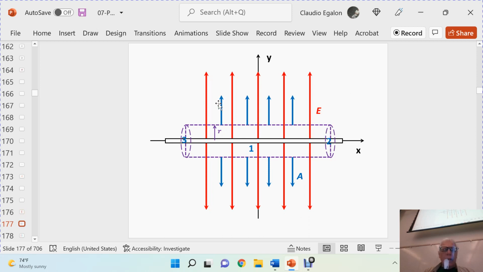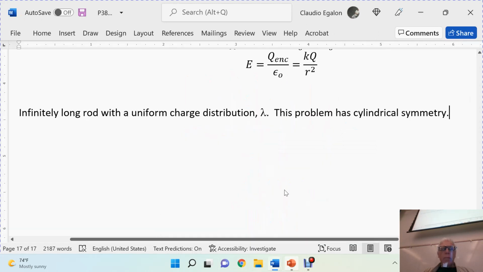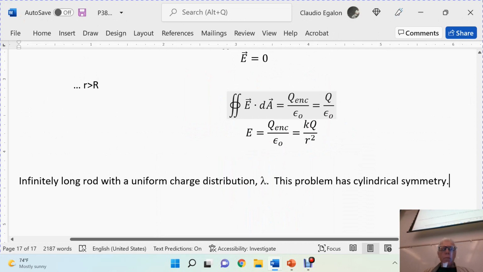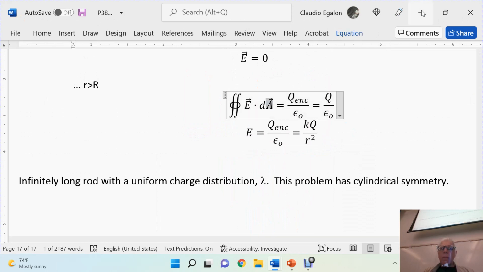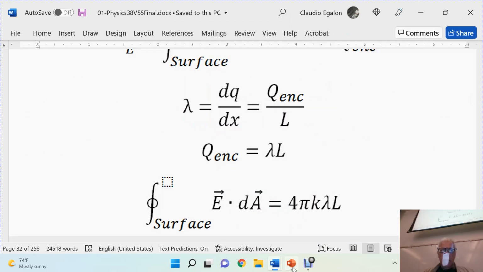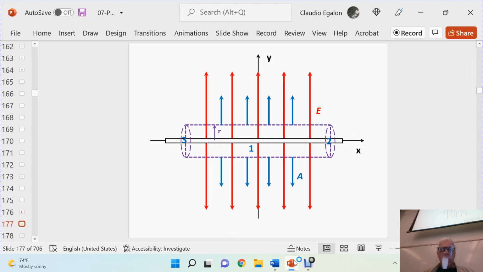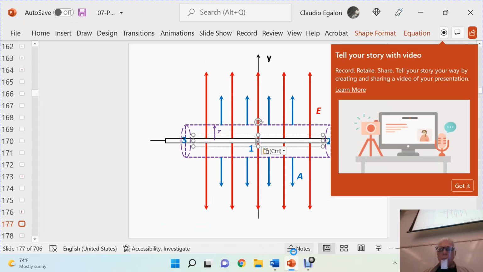And here what you see, the blue vectors, they are the area vectors. I didn't label them, so let me label those area vectors here. Where's my area vector?